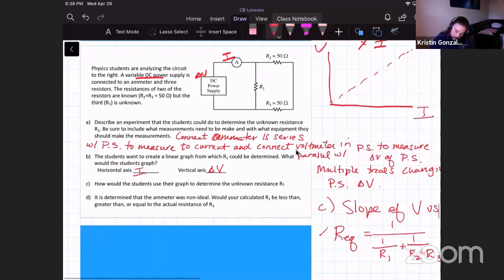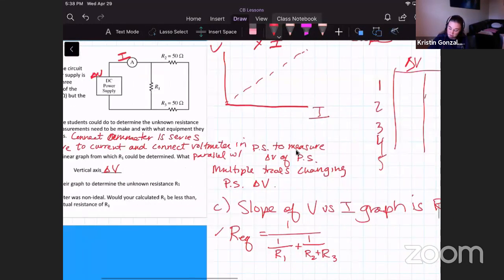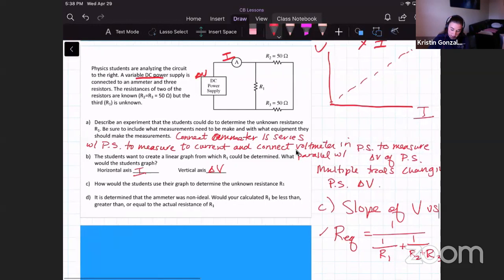And then lastly, we always love to switch things up, right? So this amp meter, let's use this one here in series with the battery. This amp meter was found to be non-ideal. Would your calculated R1, the R1 that we just got from our graph, be less than, greater than, or equal to our actual resistance with this non-ideal amp meter?